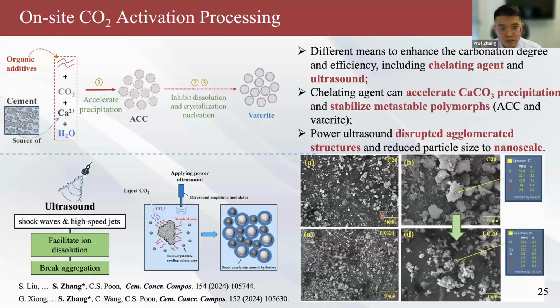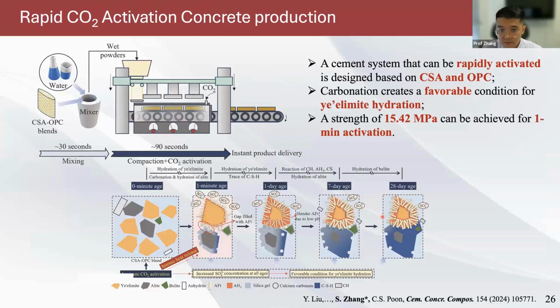CO2 also works as a rapid curing agent. We found that in a CSA and OPC system, calcium sulfoaluminate cement, carbonation actually creates a favorable condition for ye'elimite hydration. Ye'elimite is a major phase in CSA.